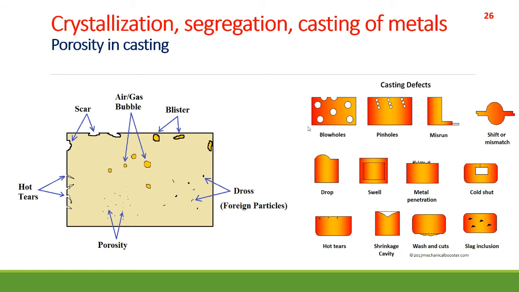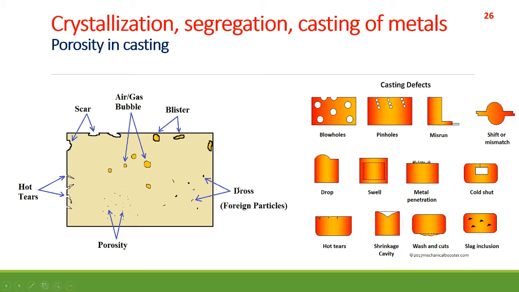Here you can see there are some scars, and at this position you see air bubbles trapped inside the material. And these are blisters. Blisters are also a kind of air bubble.